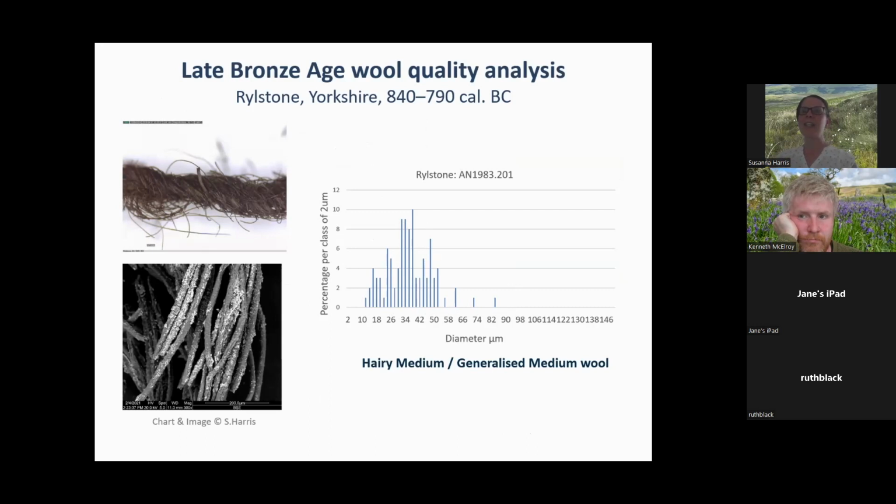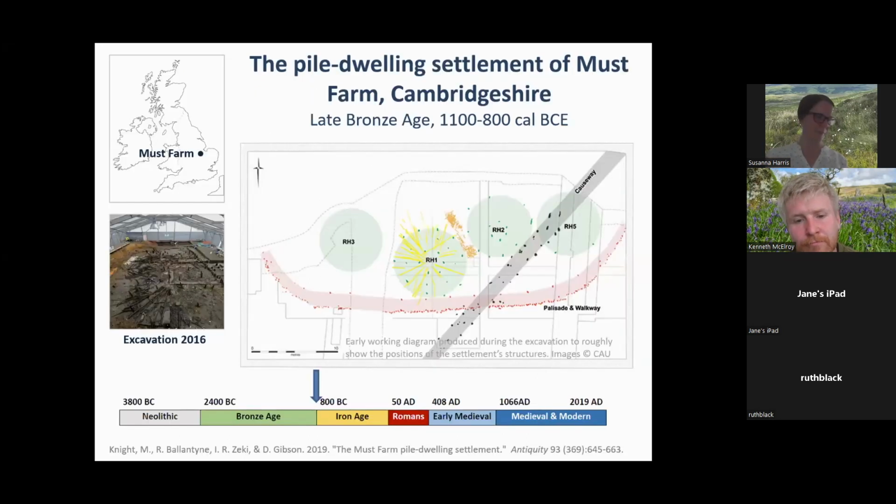These wools are still a little bit prickly. People haven't quite got to the point of making very fine wools yet. Scotland and the Rillaton example from Yorkshire, so northern Britain, is really interesting for understanding late Bronze Age wools. And that's where we start to understand that technology.